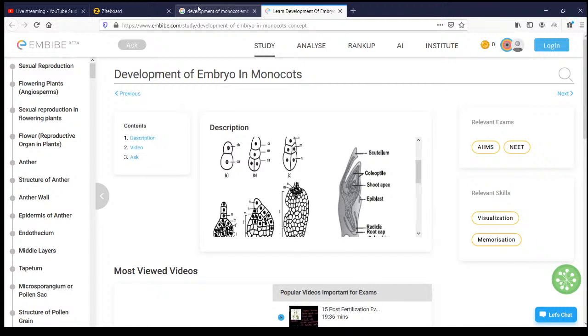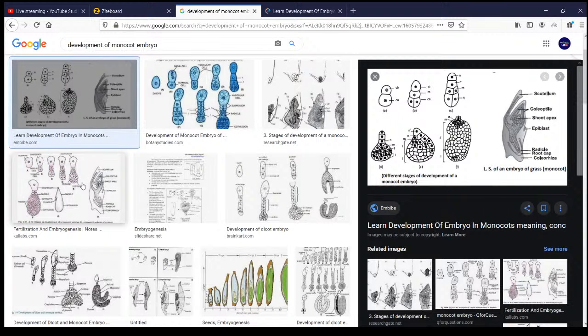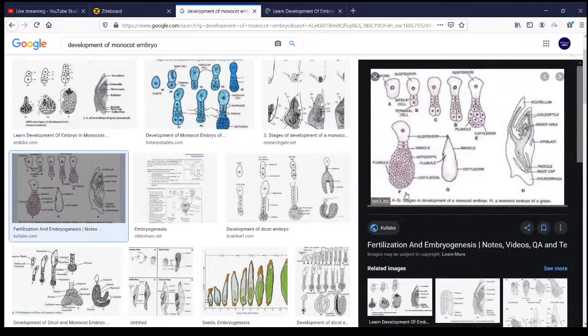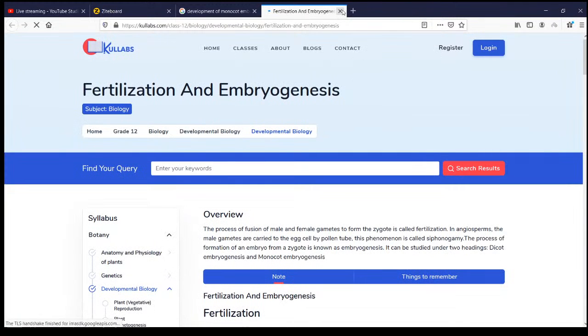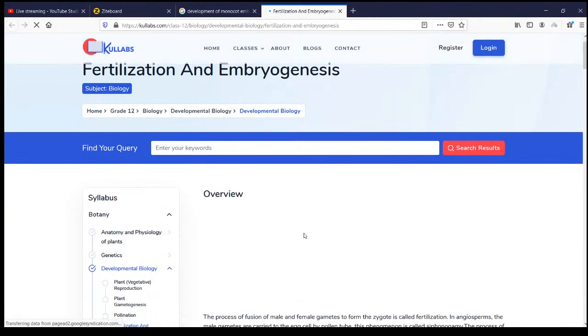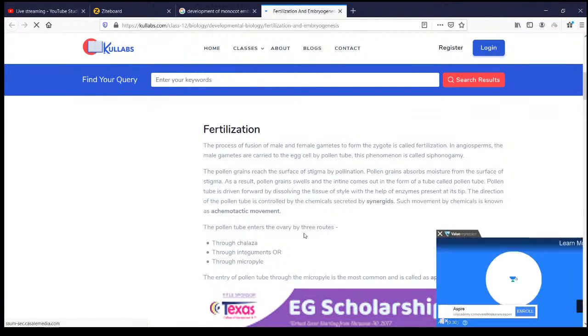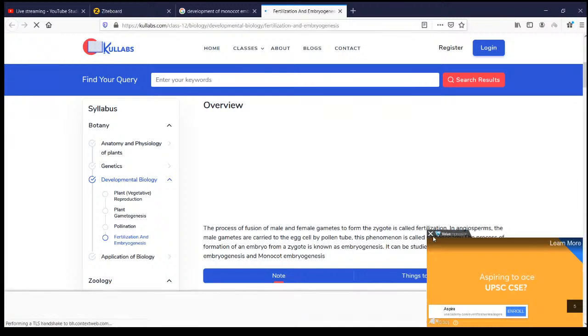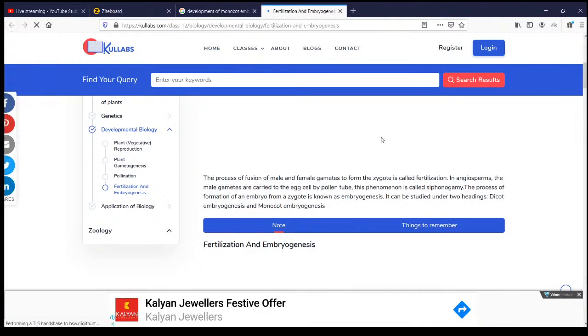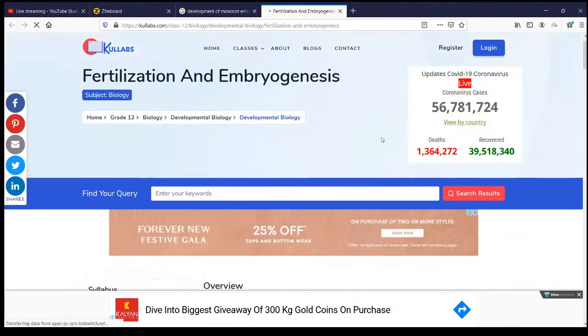This one is also included. I want that image to show it to you.